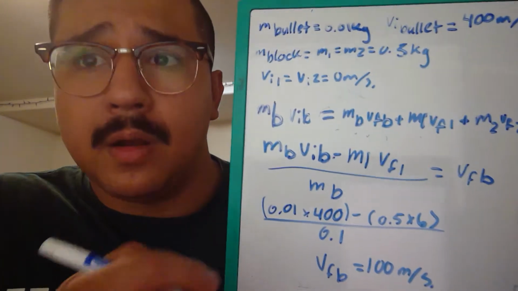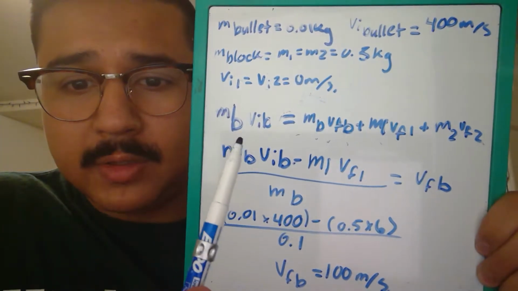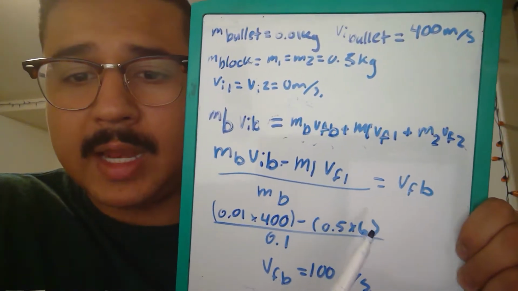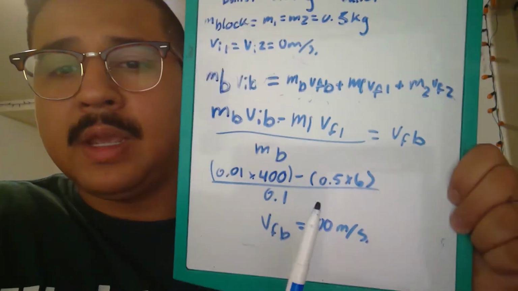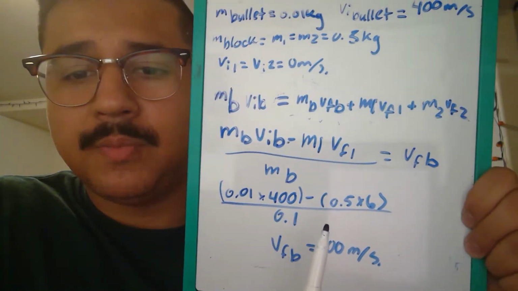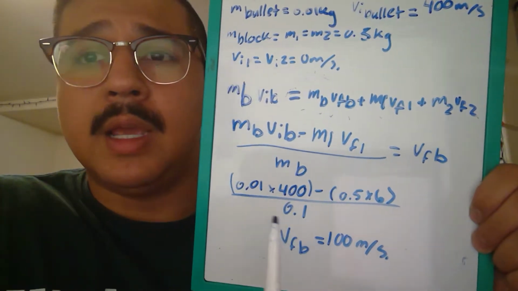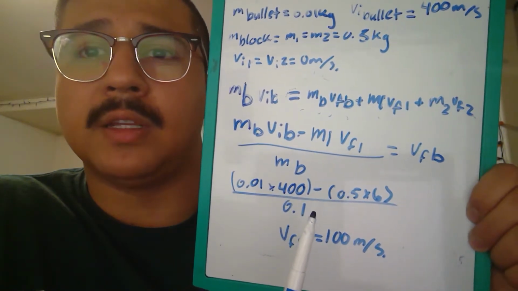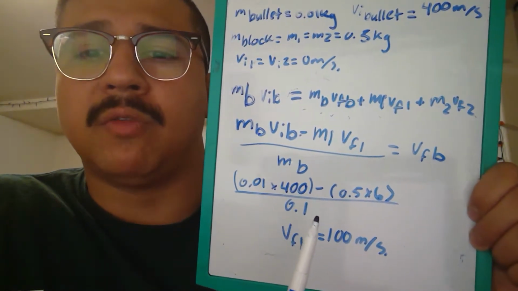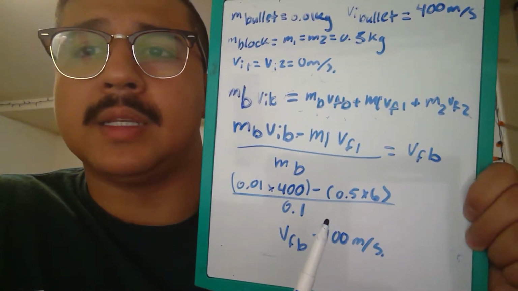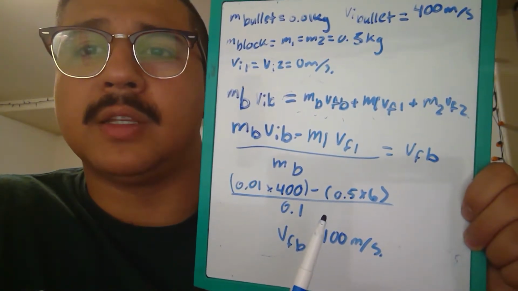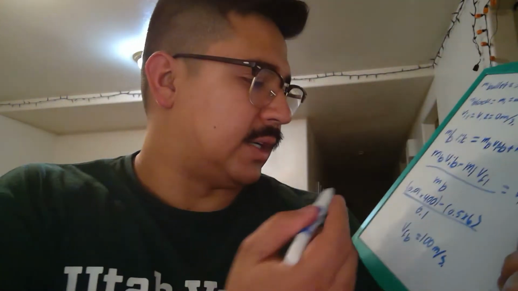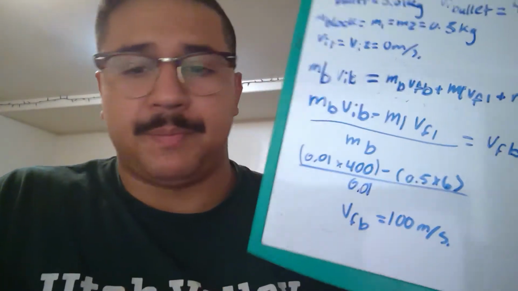Alright, so from there I did the algebra so that I could get the final velocity of the bullet on one side and everything else on the other. And so from here we're going to use all of our knowns, and so we're going to multiply 0.01, which is the mass of the bullet, times the initial velocity of the bullet, which is 400, minus the mass of the block times the final velocity of the block, all over the mass of the bullet, and that is actually supposed to be 0 right here.